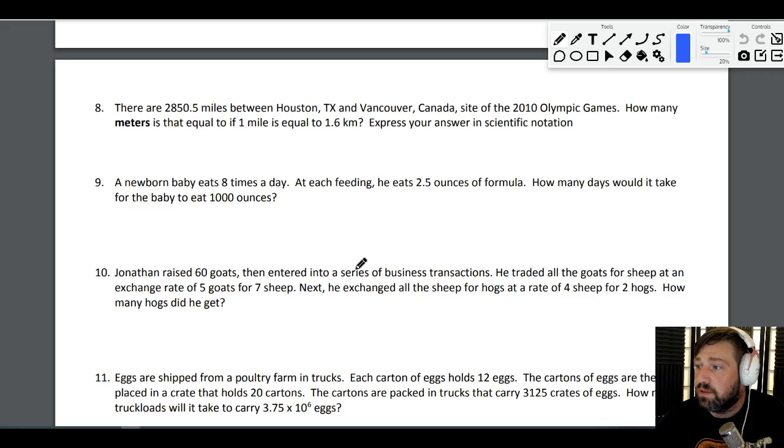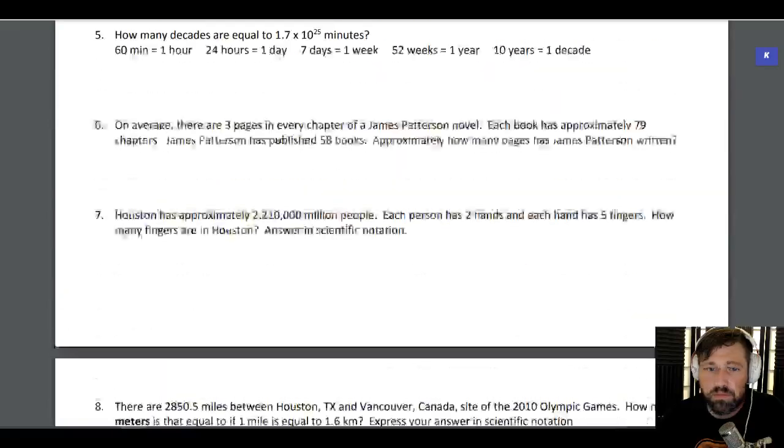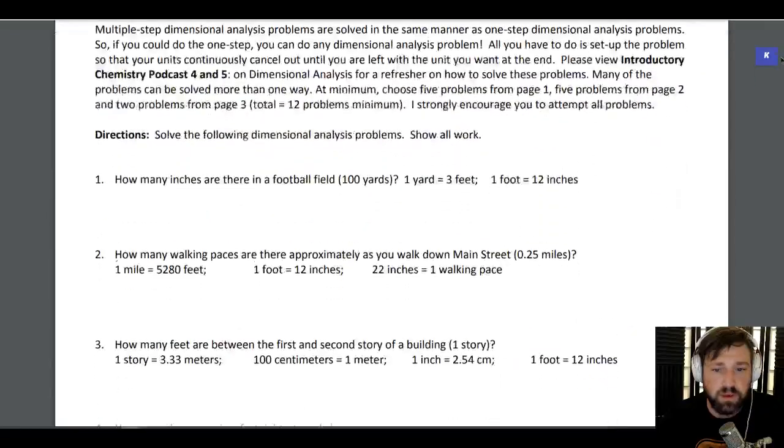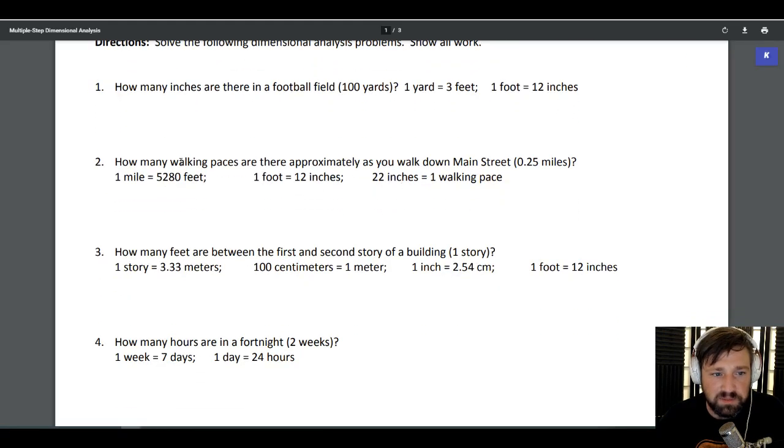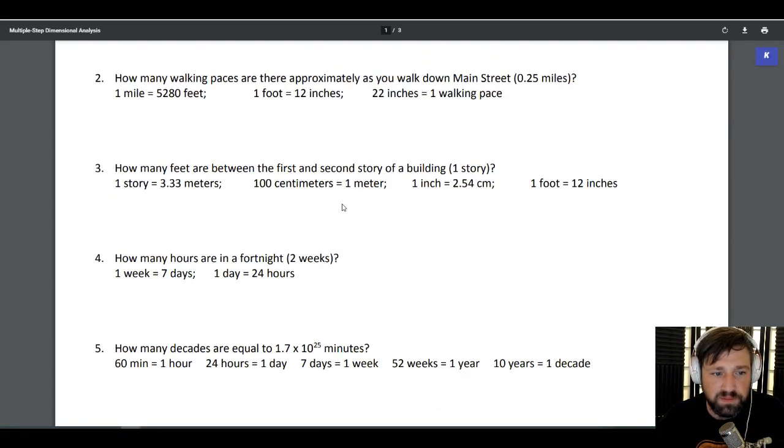Okay. So, this is a worksheet I found. It has a whole bunch of different things. Some of these are pretty straightforward, like how many inches in a football field, story to meters, meters to centimeters, centimeters to inches, inches to feet, so on and so forth.